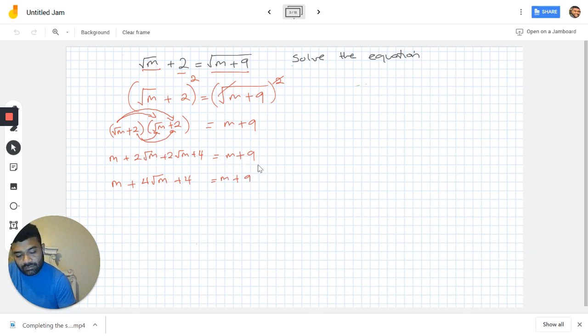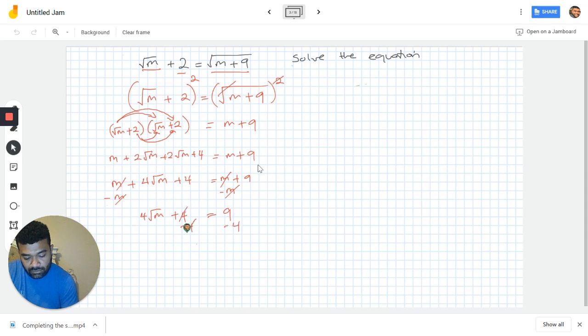So I can bring the m to the left. If I minus m from the left and the right, they will just cancel out. So I'll be left with 4 root of m plus 4 is equal to 9. So I have a plus 4 and then minus 4, minus 4.